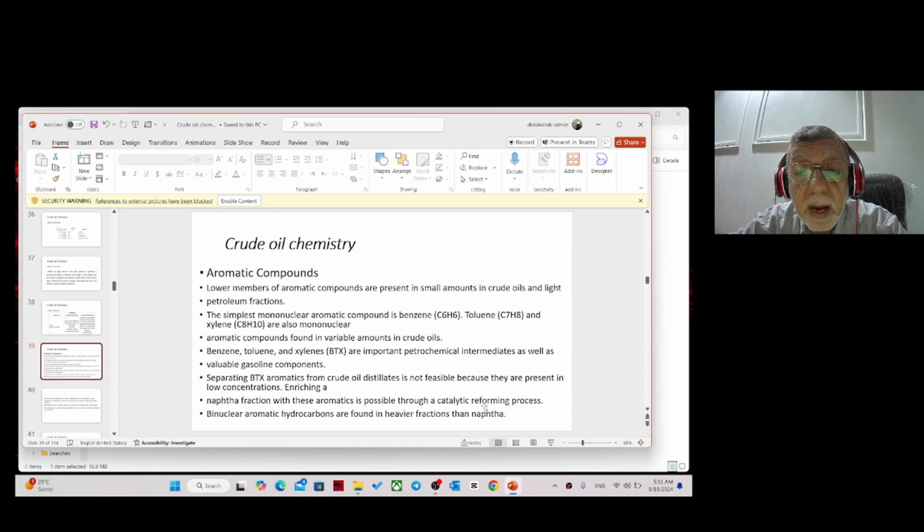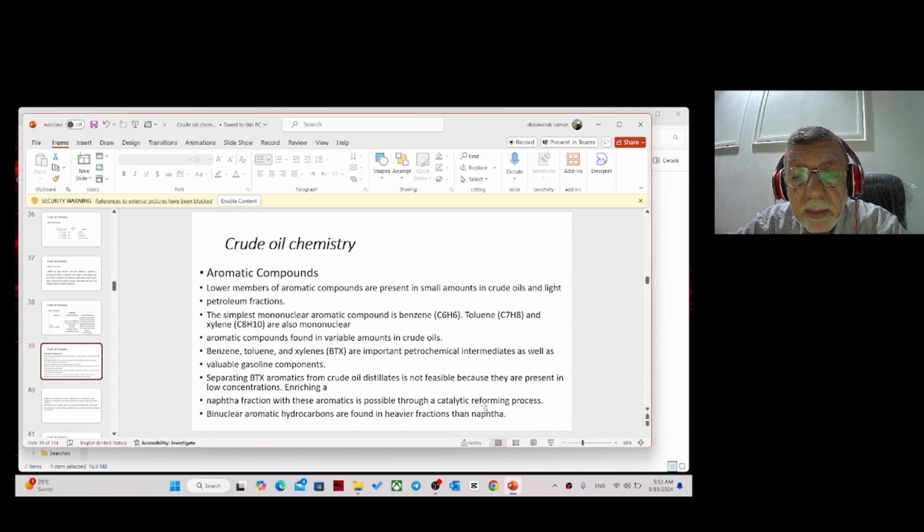Aromatic compounds are found in variable amounts in crude oil. Benzene, toluene, and xylene, what we call BTX, are important petrochemical intermediates as well as valuable gasoline components. They are used as components in gasoline and also as petrochemical intermediates.